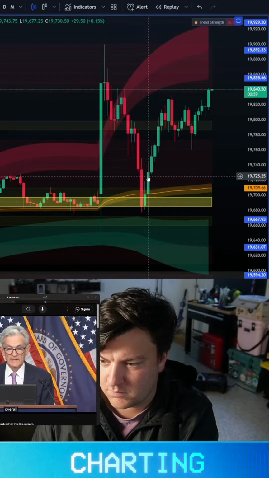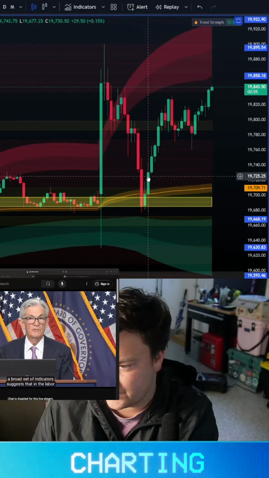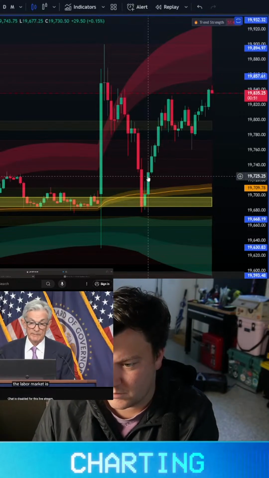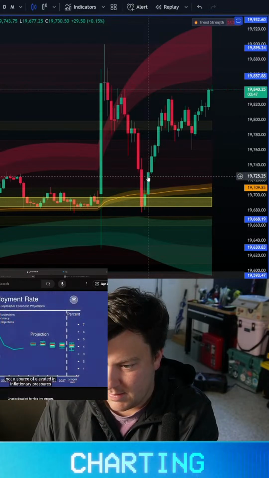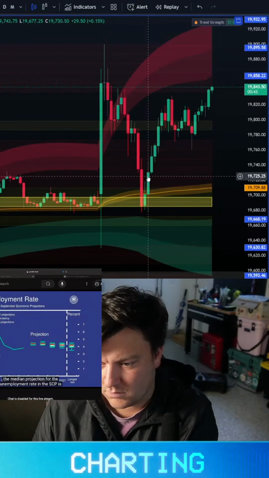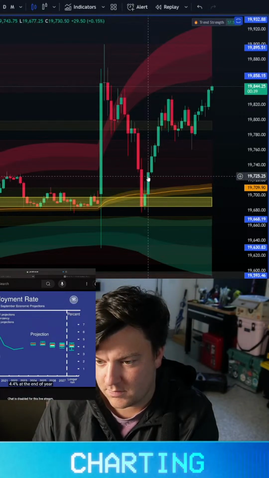Overall, a broad set of indicators suggest that conditions in the labor market are now less tight than just before the pandemic in 2019. The labor market is not a source of elevated inflationary pressures. The median projection for the unemployment rate in the SEP is 4.4% at the end of this year, 0.4 higher than projected in June.